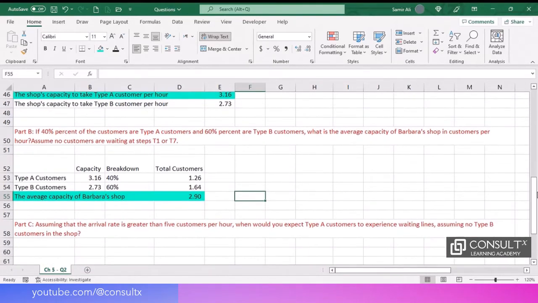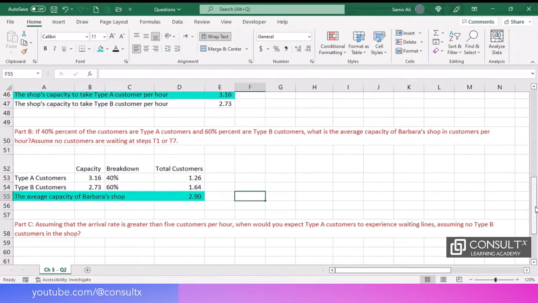Let's go to part C. Assuming that the arrival rate is greater than 5 customers per hour, then when would you expect type A customers to experience waiting lines? Assume no type B customers are in the shop. So what they've told us is that if we have more than 5 customers per hour, where would we expect waiting lines in the process flow?